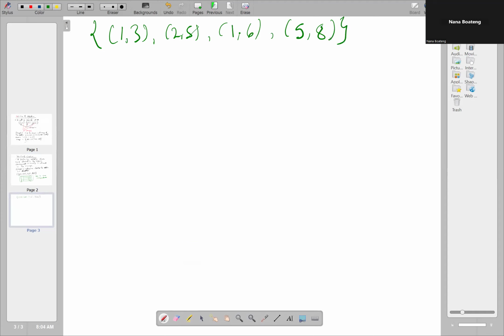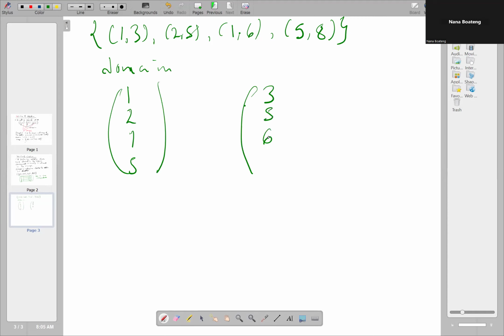So the domain is the first elements: 1, 2, 1, and 5. And the range is 3, 5, 6, and 8.